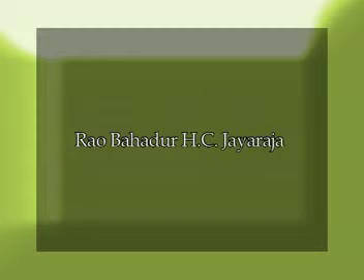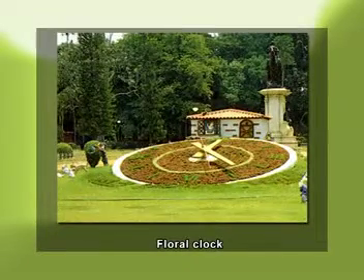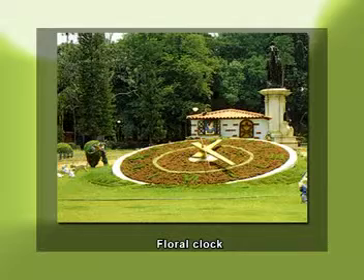Later, this garden was converted to proper botanical garden in 1856, and Rao Bahadur H.C. Jairaja was its first Indian director. The garden has 2 greenhouses. The Flora clock, which has been installed in the garden in 1983, is the first of its kind in India and the second in Asia.